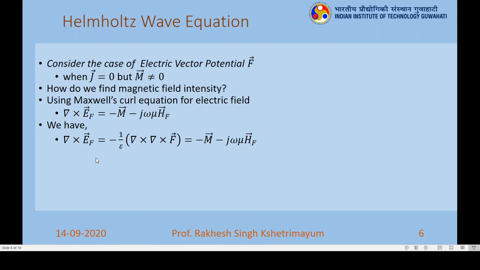I know the expression for electric field in terms of F vector. Electric field was minus 1 by epsilon curl of F. So I just replace E_F by minus 1 by epsilon curl of F. Then take the curl of that. What do I get? Minus 1 by epsilon curl of curl of F equal to minus M minus j omega mu H.